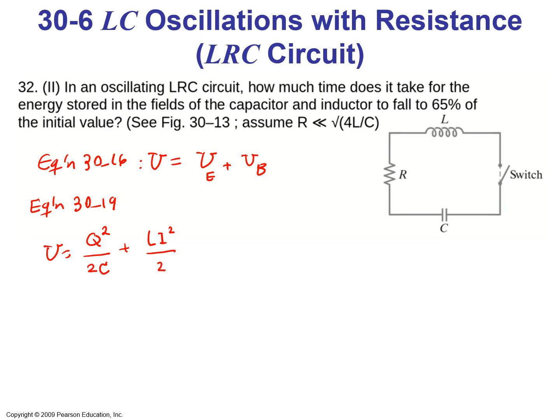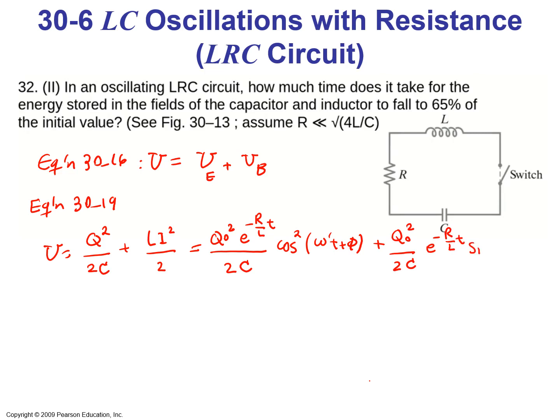And let's plug in the values from equation 30-19 for the charge as Q naught squared e to the power minus R over L t divided by 2C, cos squared of the quantity omega prime t plus phi, plus Q naught squared divided by 2C e to the power minus R over L times t, sine squared of the quantity omega prime t plus phi.